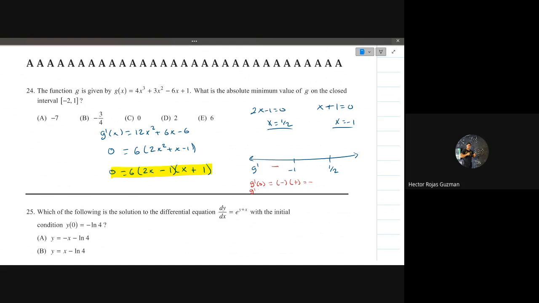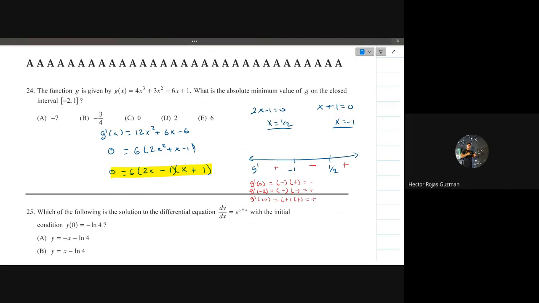And if I do g prime of negative, I don't know, 2, it equals a negative times a negative, which is a positive. And if I do g prime of 10, we get a positive times a positive, which is a positive.